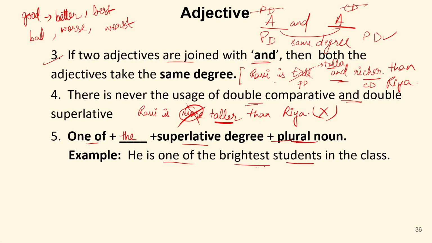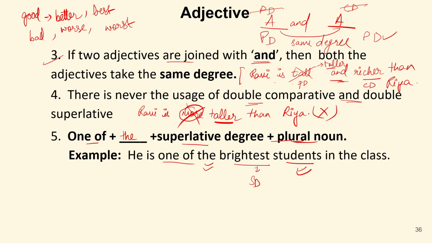Now, one of the brightest students. So, brightest is a superlative degree. We are using the before it, and also a plural noun, that is students. So, all of these are cases of how to use comparative degree, positive degree, and superlative degree of adjective.